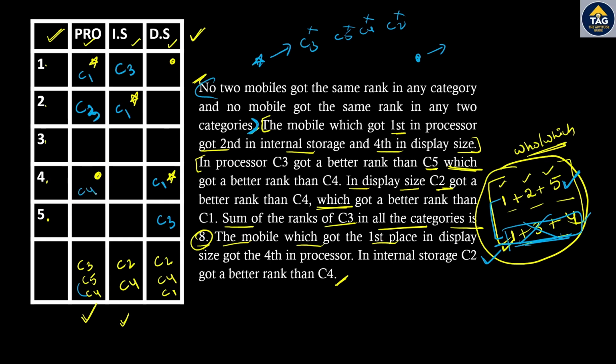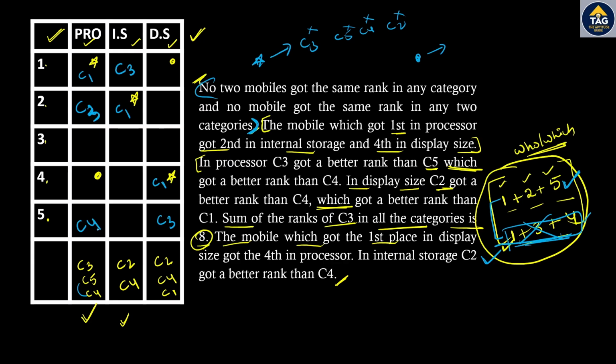Can I write C4 here? If this is C4, this has to be C4, as these two are the same. C4 cannot get first in display size. The reason being C2 should be placed ahead of C4. So it's not C4. And as we discussed earlier, third in processor should not be C4. Fourth in processor should not be C4.